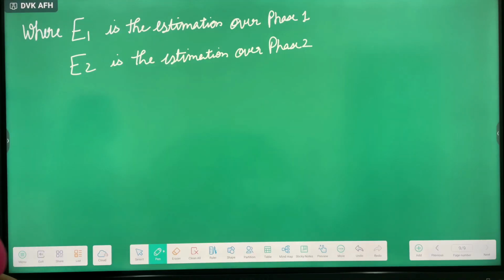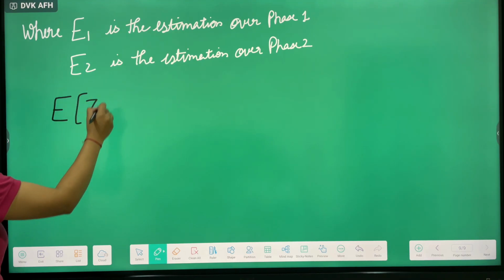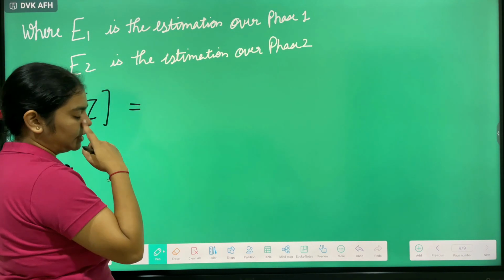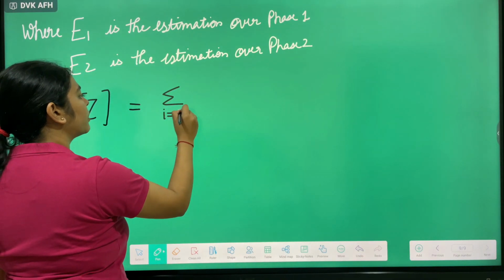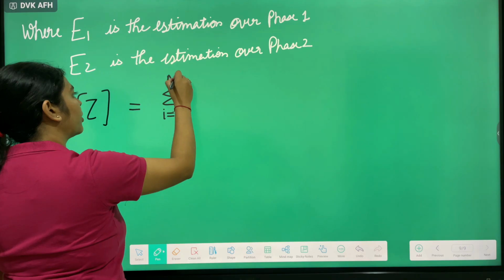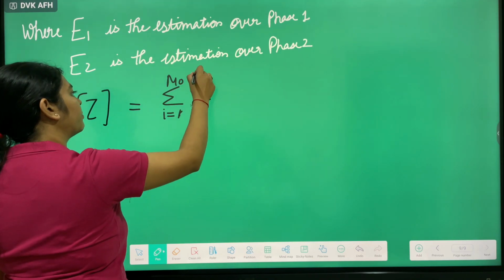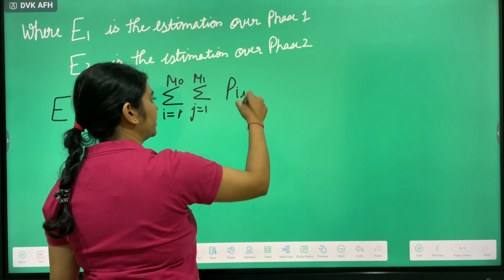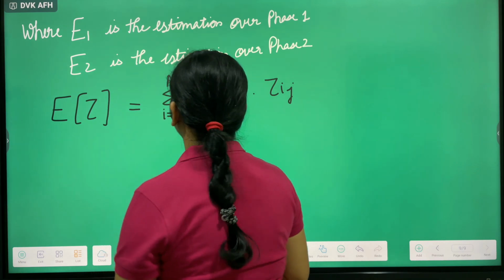These are the two estimations. So we can write estimation of tau as summation i goes from 1 to m naught, summation j goes from 1 to m1, Pij into tau ij.